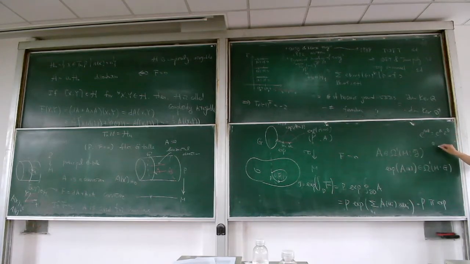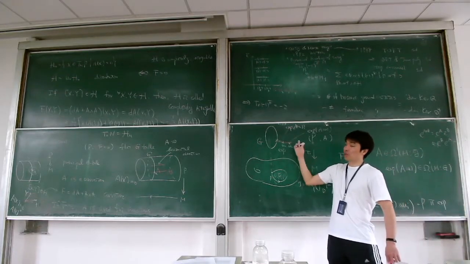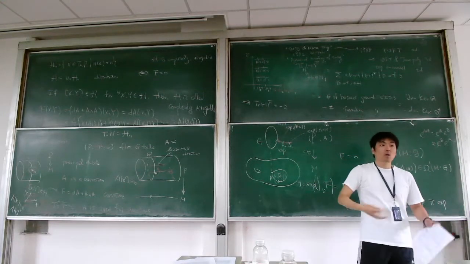This is not equal to e to the b times e to the a. It's non-commutative, so you have to integrate in a path ordered way, otherwise it's not well defined.